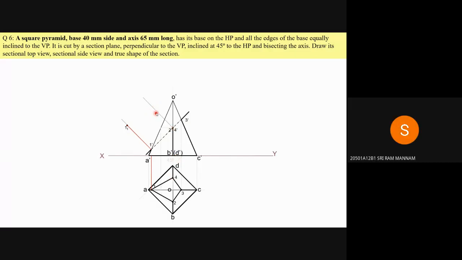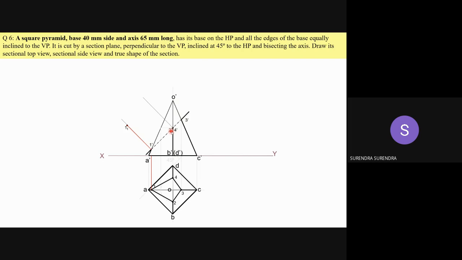Point 1 dash is on AO edge. And here there are two edges, BO and DO, two slant edges only. So on AO, point 1, on BO, point 2, on CO, point 3, on DO, point 4.